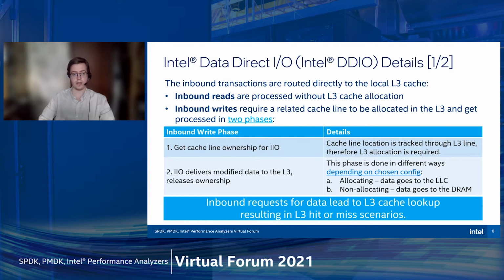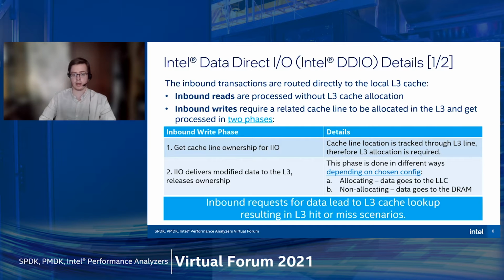In the first phase, the IO controller just gets the ownership of the cache line, and then it is allowed to modify the data. And once the data is modified, the IO controller sends the modified data back to the L3, and this phase is called the write back phase.